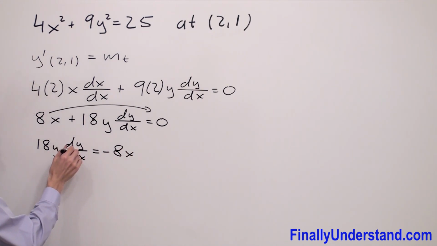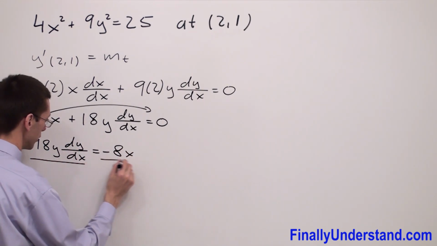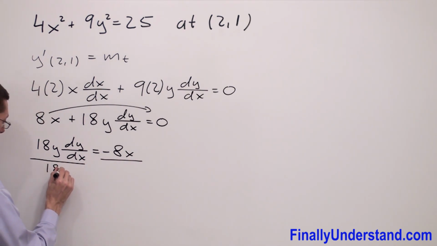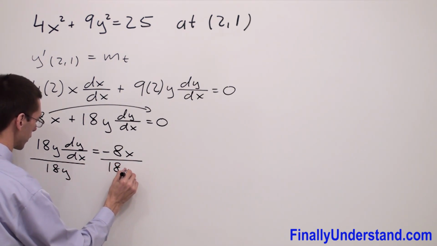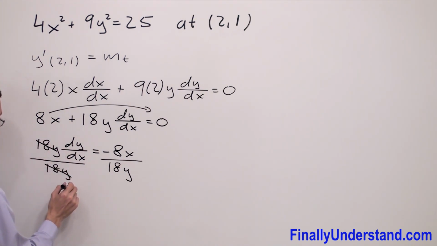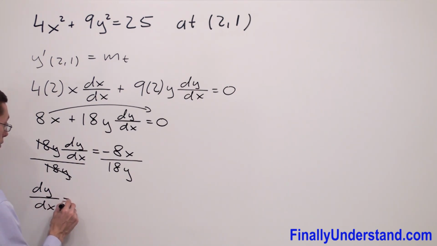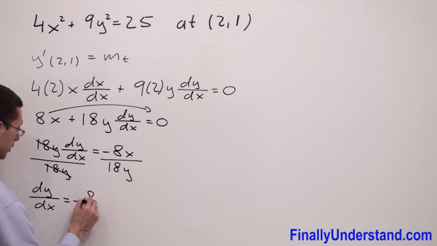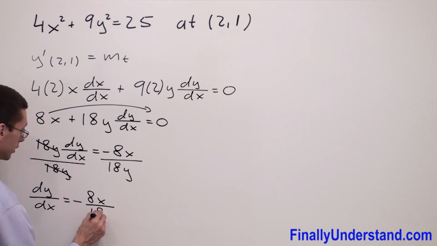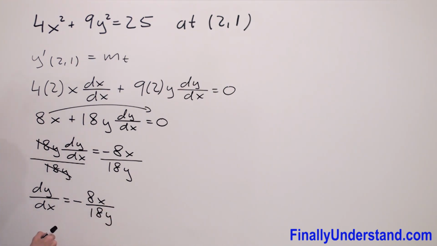In order to find dy over dx, I'm supposed to divide both sides of my equation by 18y. 18y and 18y will cancel out, and I have dy over dx is equal to negative 8x over 18y. In other words, y prime is equal to negative 8x over 18y.